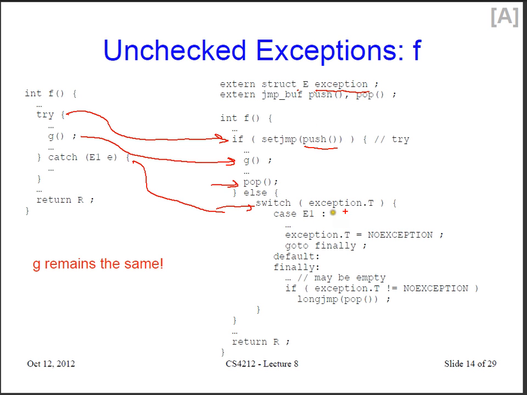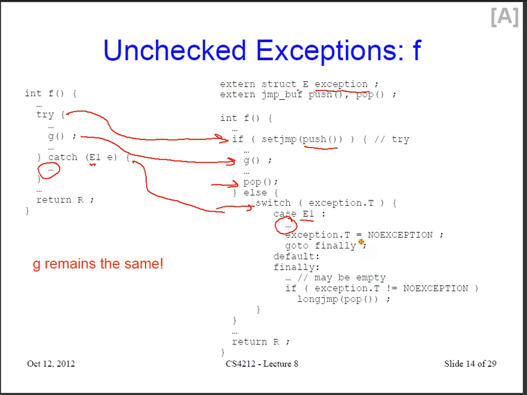This exception will be set by whoever is throwing it to have a type that reflects the type of exception being thrown. So we have to dispatch on type again, and if it is E1, which is the only exception type that we can handle here, then all this code goes in here.